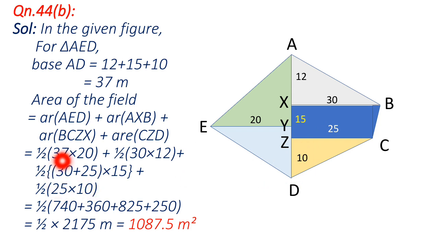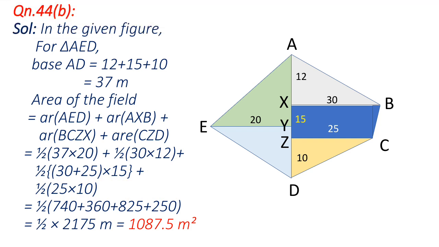Now we can calculate those values. This one is 740, this one is 360, this one is 825, that is 55 into 15, and this one is 250, and half is taken common. See the last line, we have half into 2175, and if it is calculated we will get 1087.5 meter square.